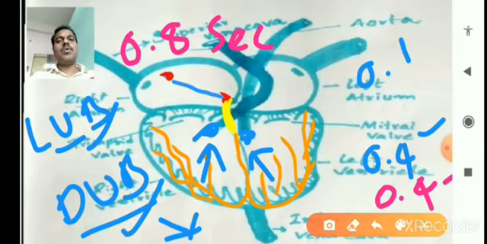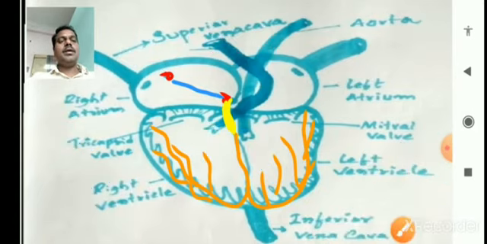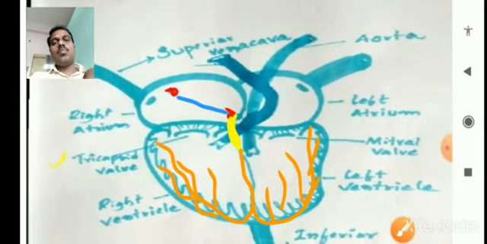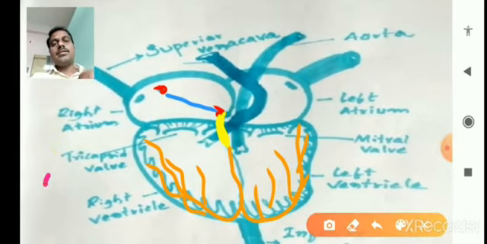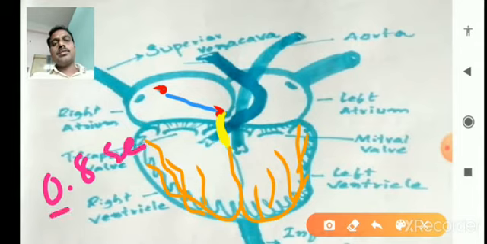In the 0.8 seconds the heart contracts and relaxes. In the 0.8 seconds, the 0.1 and 0.4 we call contraction.